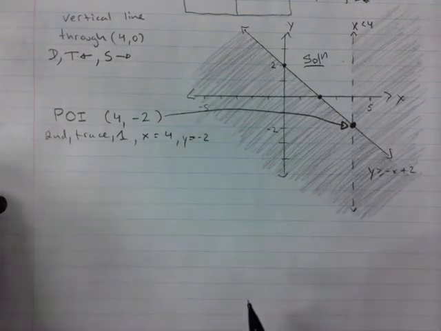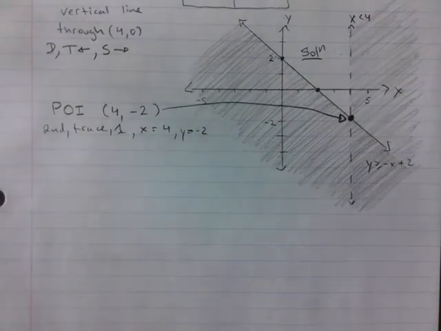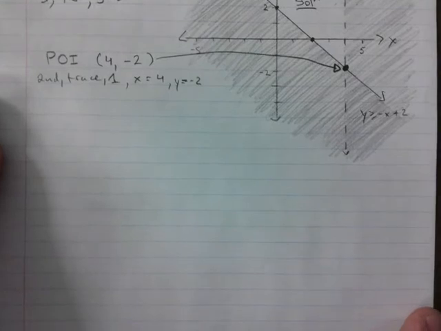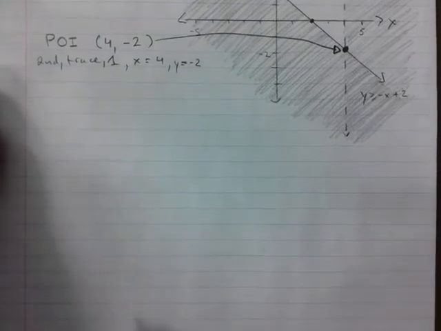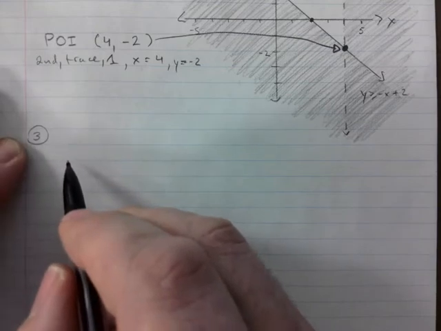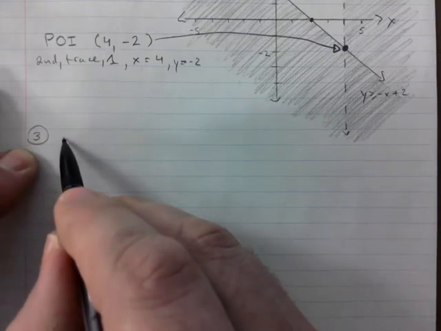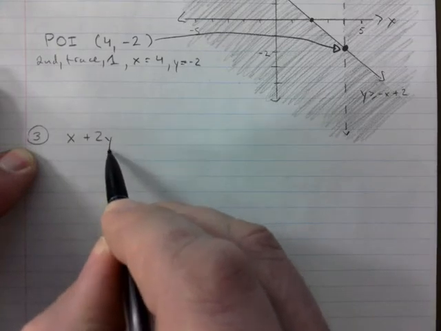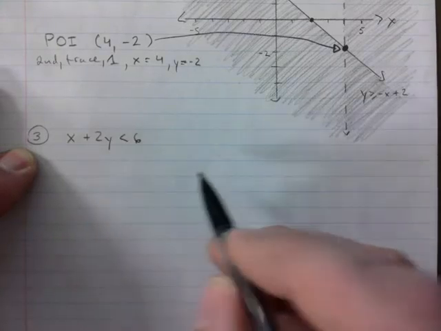Let's do another one. And I'm going to up the difficulty a little bit. Okay, so 3. I'm going to spread them like this. I'm going to tell you that the first one is x plus 2y is less than 6.